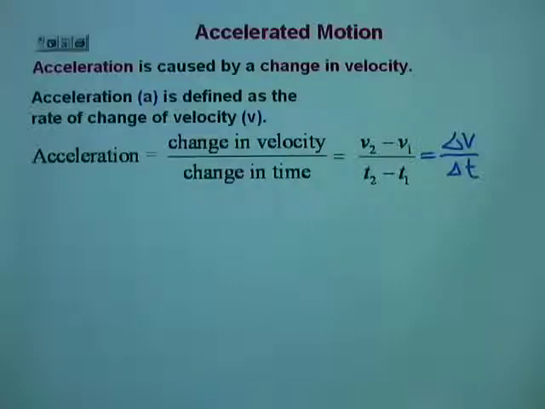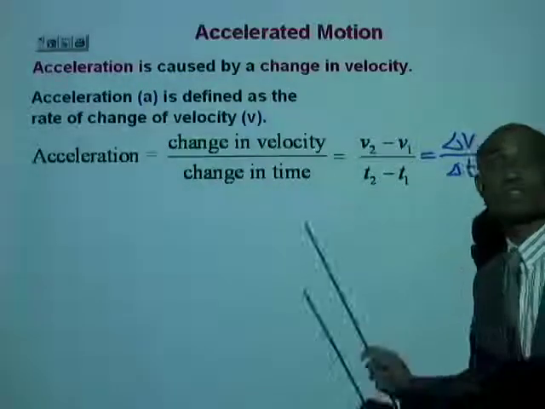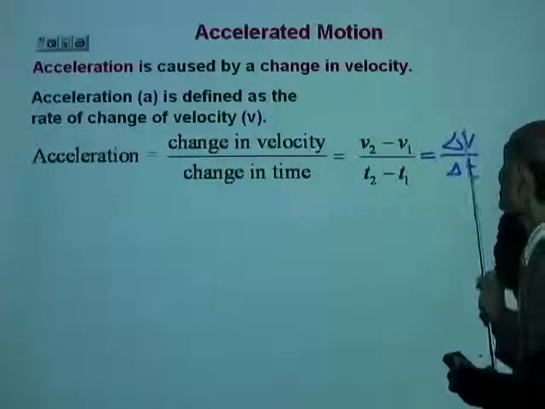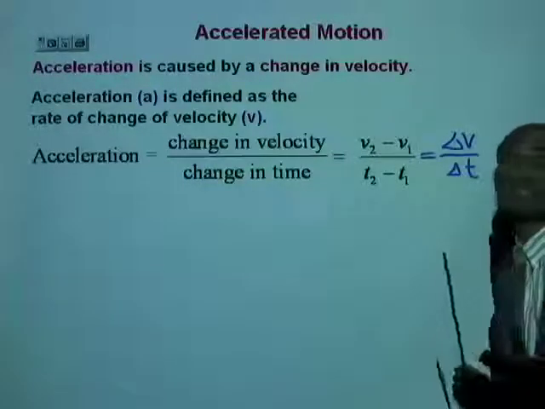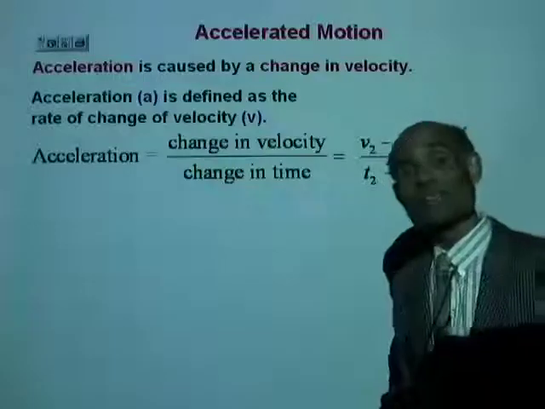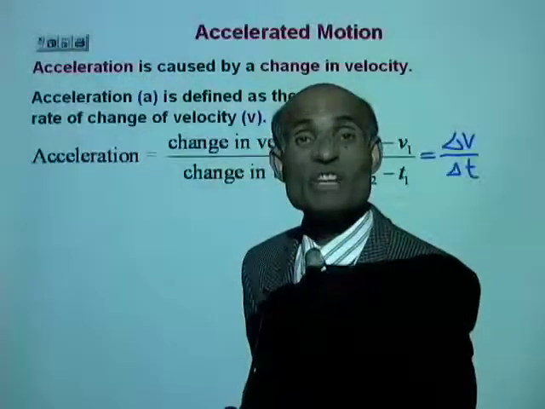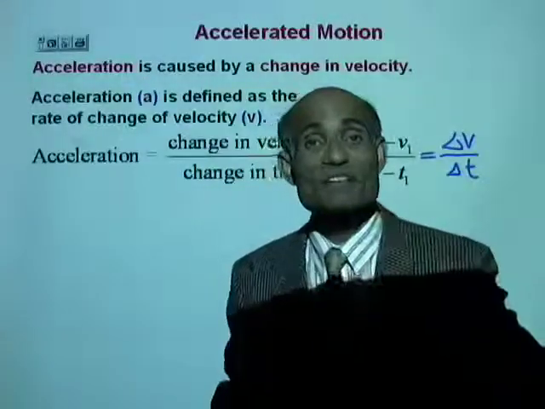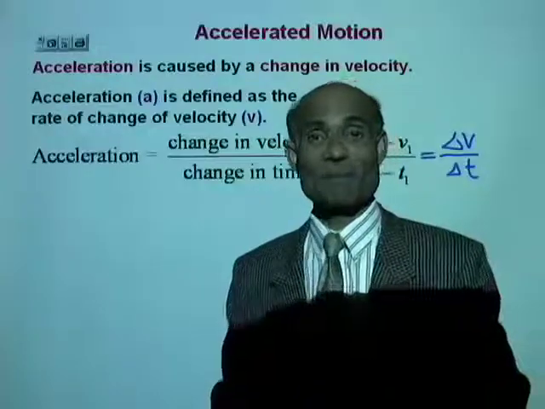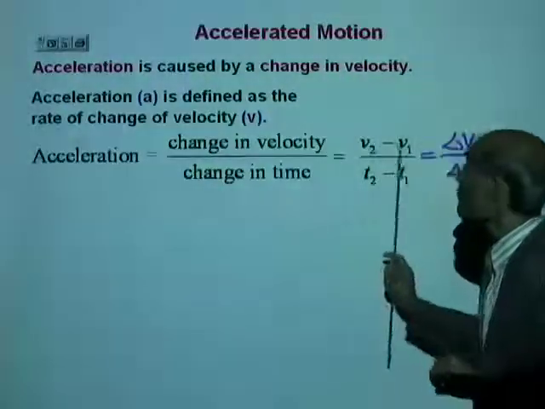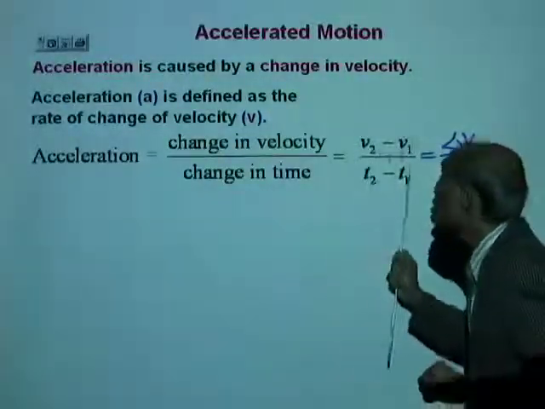So acceleration is delta v divided by delta t, the change in velocity divided by the time. Alright, can you tell me, what is the unit for measuring acceleration? Tell me, what is the unit for measuring change in velocity?